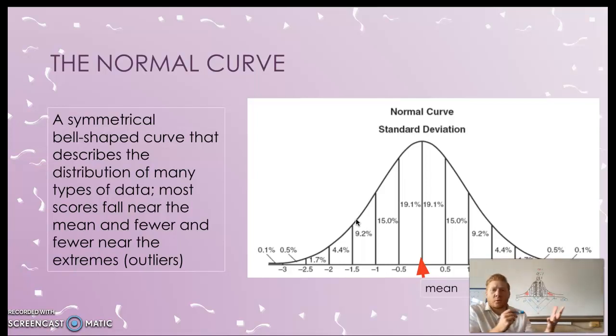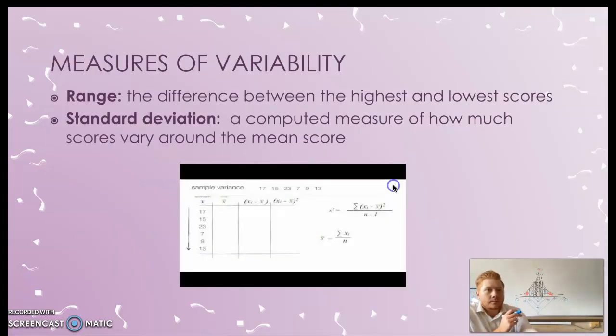And we're obviously going to do more of this in class together. So either you're going to hear this again or hearing this for the first time. But hopefully this helps a little bit, being able to see it as well. So range, the difference between the highest and lowest test scores, you definitely know what range means. And this is what I'm talking about in regards to standard deviation: the computed measure of how much scores vary around the mean score.